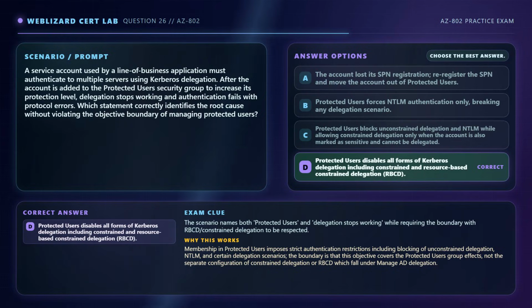The boundary is that this objective covers the Protected Users group effects, not the separate configuration of constrained delegation or RBCD, which fall under Manage AD delegation. The scenario names both Protected Users and delegation stops working while requiring the boundary with RBCD and constrained delegation to be respected.